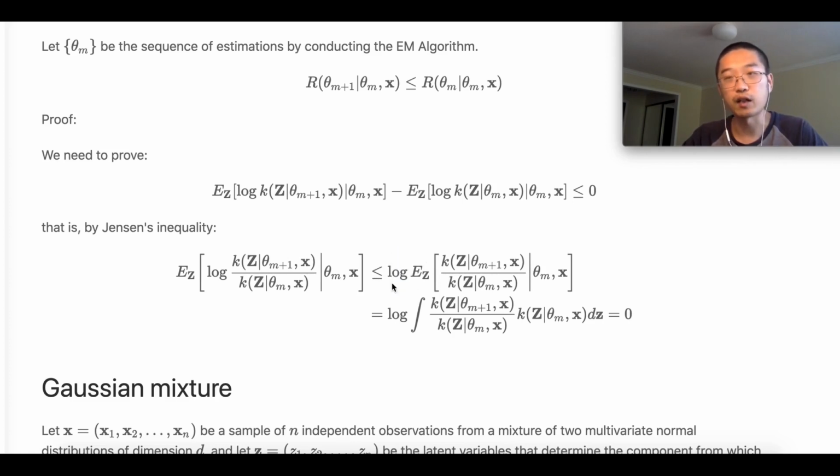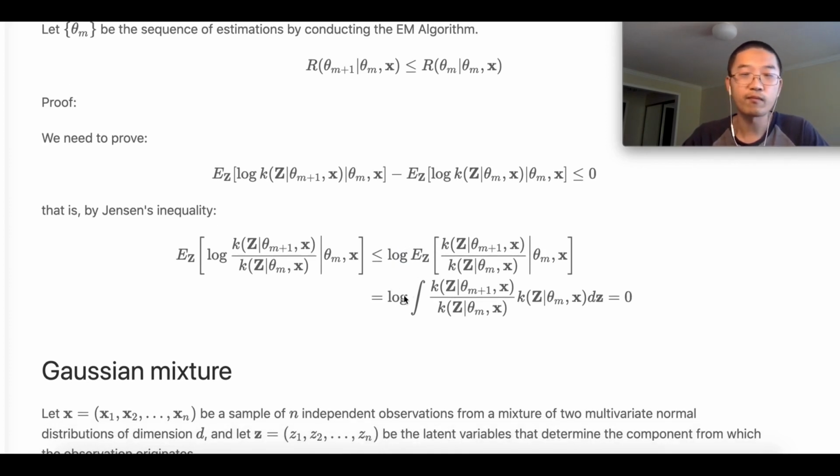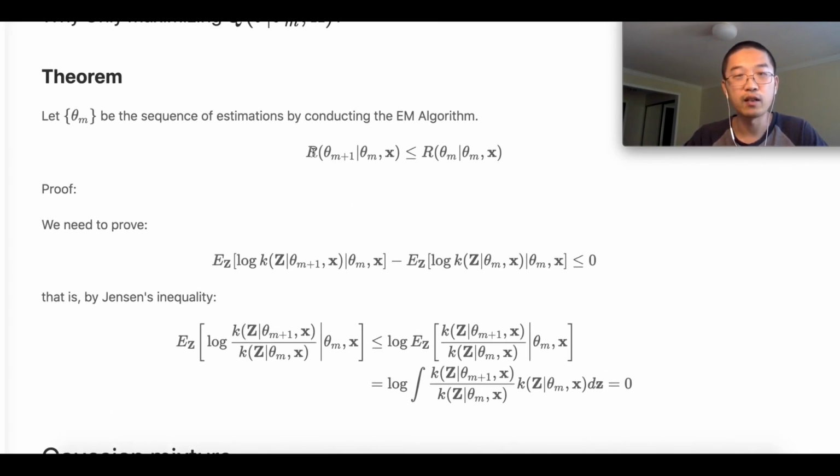What is inside is just the log of 1, because the function k cancels out. These two cancel, and they become the integral of the PDF, which is just 1. So we get 0. So we prove that in the next iteration theta m plus 1, the r term becomes smaller and smaller.